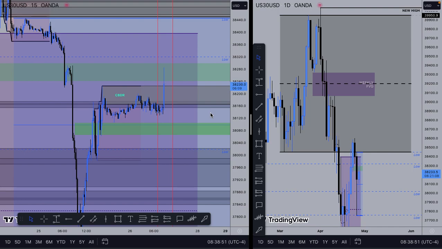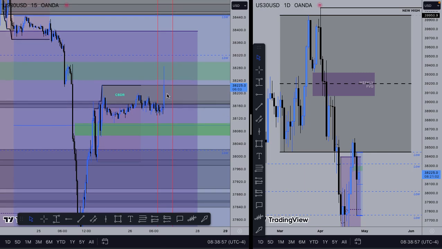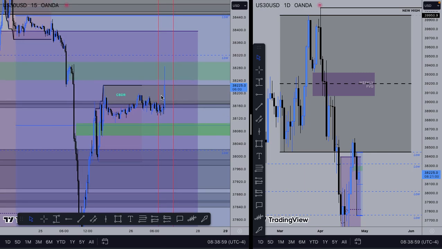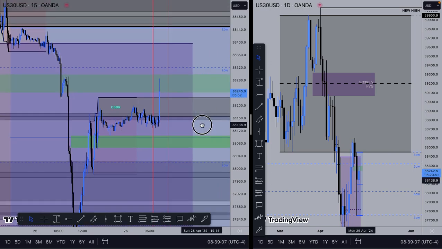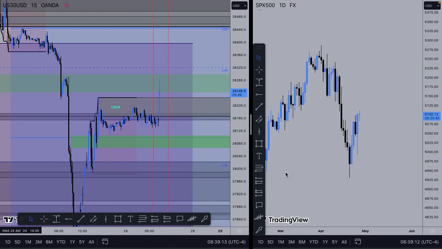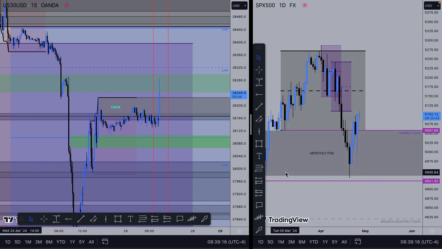But if we switch objectives for today and we're actually in a buy model, then I'll show you guys where I would enter and how I would treat this area as support to buy up and continue. Very nice.